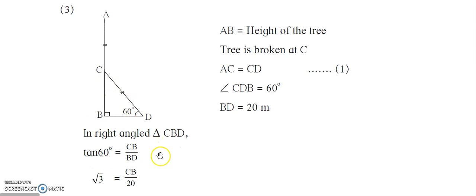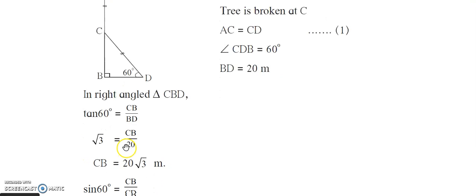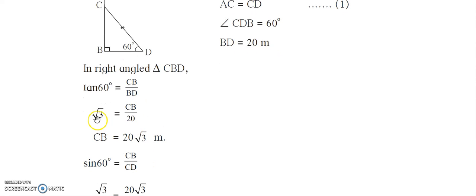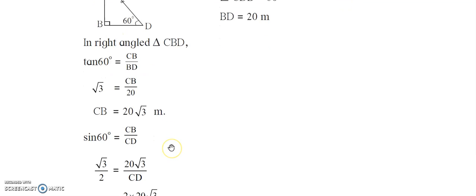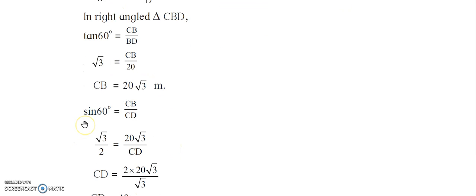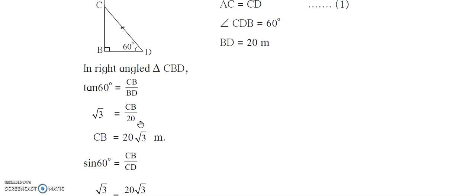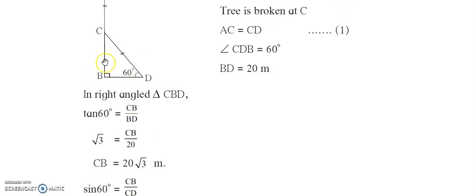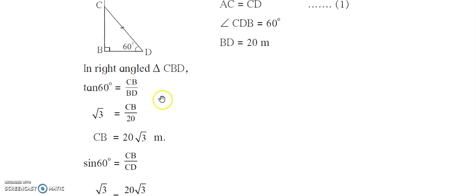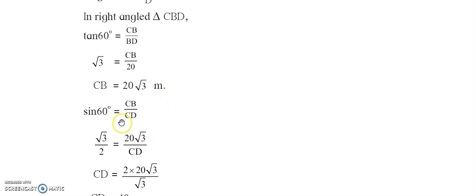First we'll find out the tan ratio. Tan 60 means opposite side upon adjacent side, BC upon BD. Tan 60 means root 3 is equal to BC upon 20. Therefore BC or CB is equal to 20 root 3 meters. Again next, sin 60 is equal to CB upon CD. Sin 60 is opposite side upon hypotenuse, that is CB upon CD.